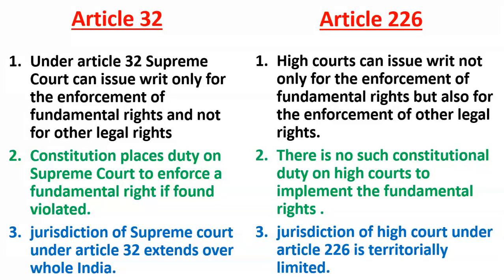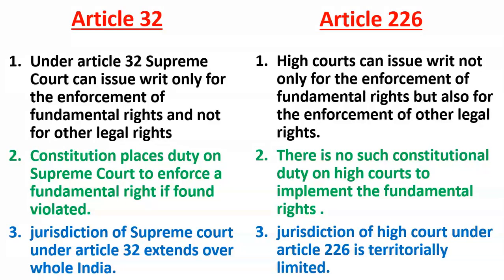So if the High Court doesn't want to implement the fundamental right of the person itself, then the High Court can suggest any other remedy. So it means that instead of implementing the fundamental right itself, the High Court can suggest any other method or remedy to give relief to that person, to get the fundamental right implemented. But the Supreme Court is duty bound to enforce the fundamental right of the person.